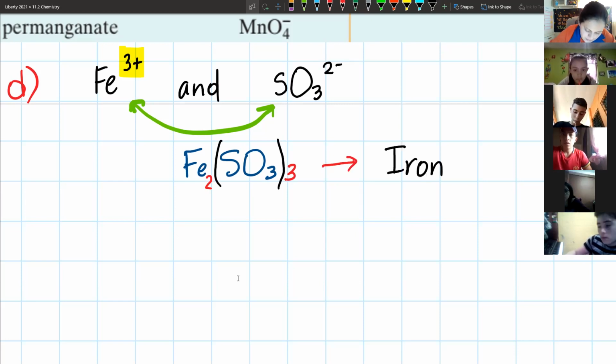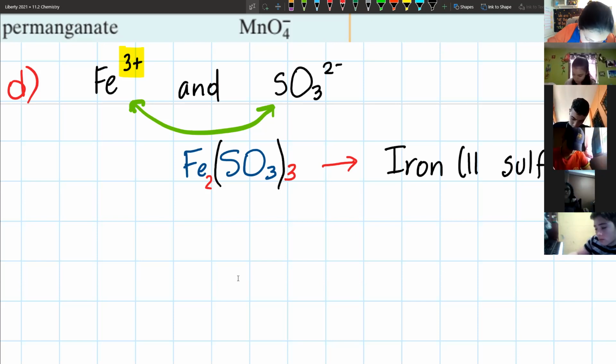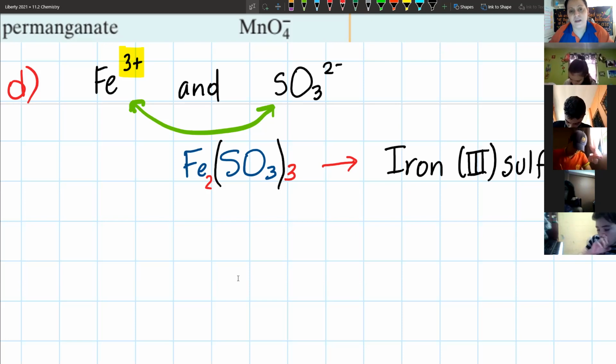Sulfide. Iron sulfide. And as you said, iron 3, because iron is a transition metal, so we need to specify the charge. So that will be the name. If you don't write the number in Roman numerals, that would be incorrect.